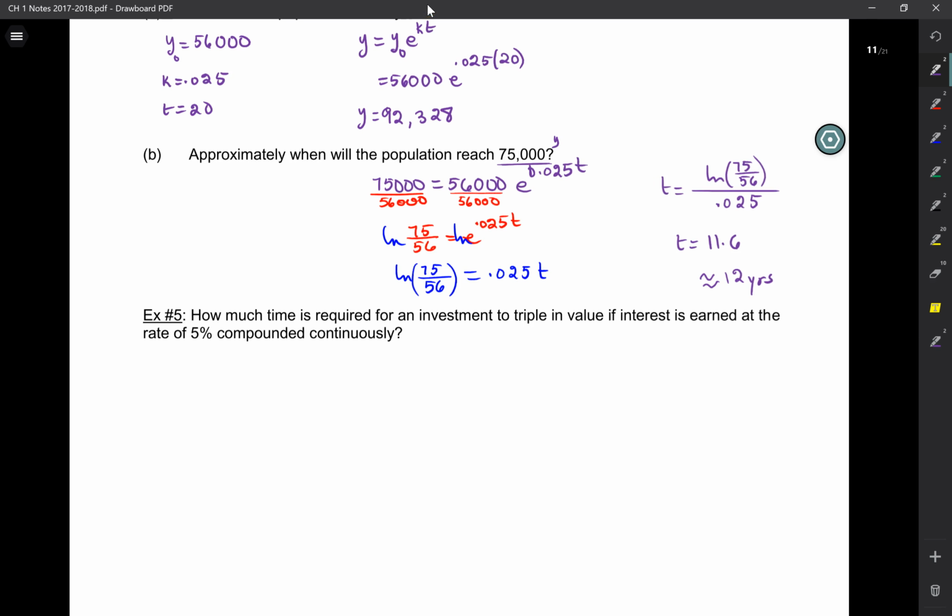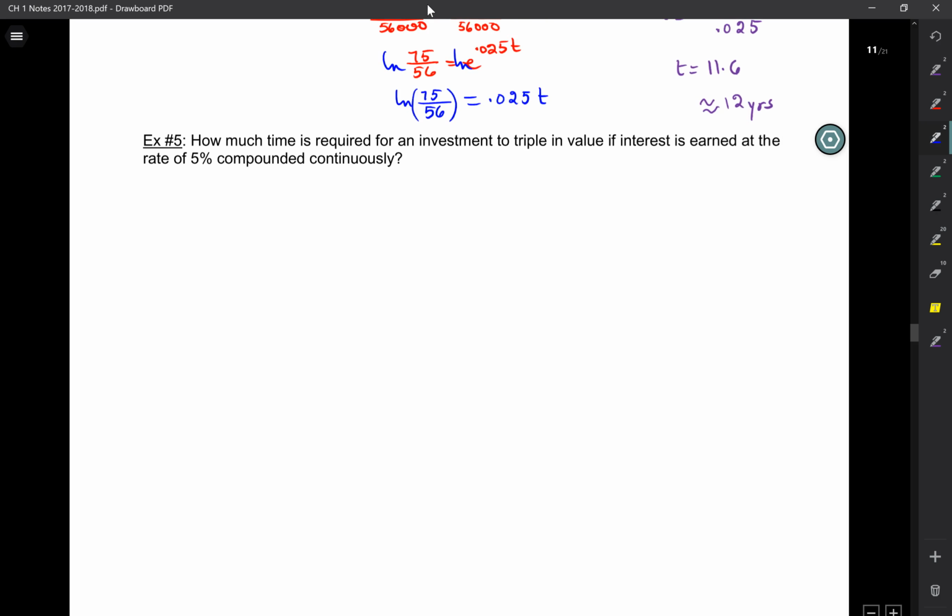Now, one more. Last one. How much time is required for an investment to triple if interest is earned at the rate of 5% compounded continuously? So, all I have to go on is that interest is 0.05.